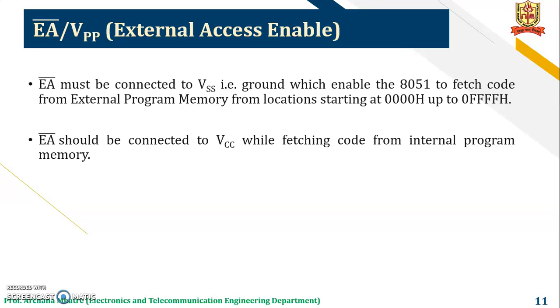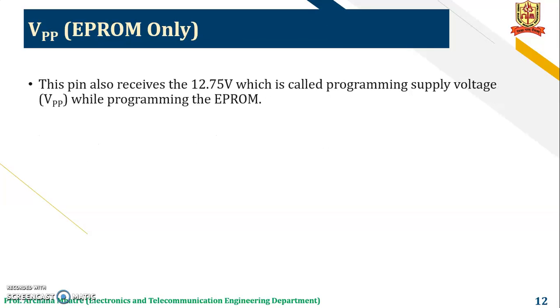So when the 8051 fetches code from external program memory, EA bar must be connected to ground, and when the 8051 fetches code from internal program memory, EA bar should be connected to VCC. Now next pin is VPP. It is used when EPROM memory is used. This pin also receives the 12.75 volt, which is called the programming supply voltage, that is VPP, while programming the EPROM.